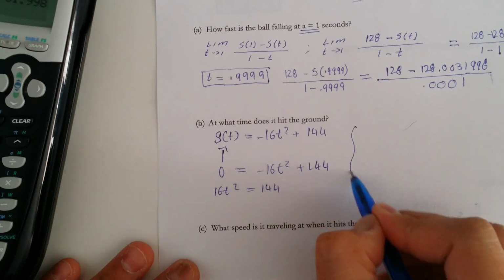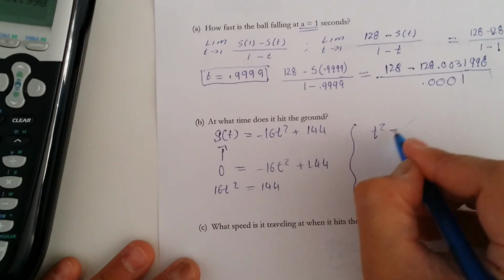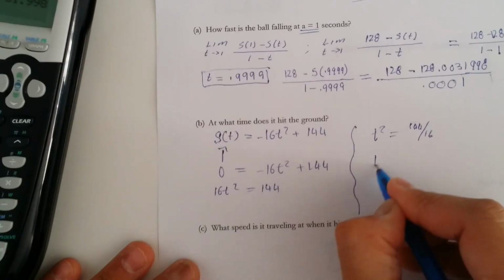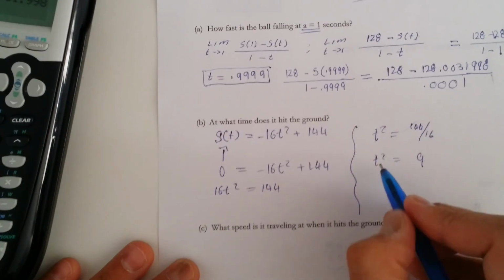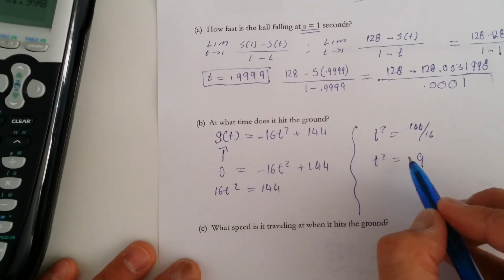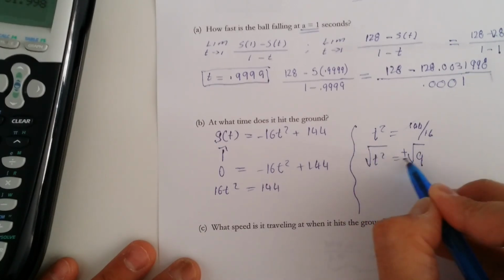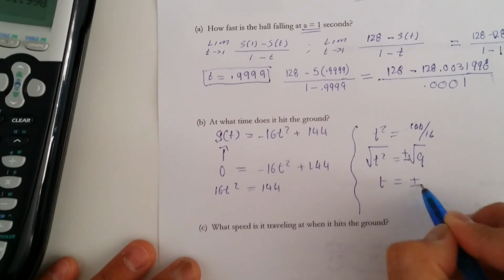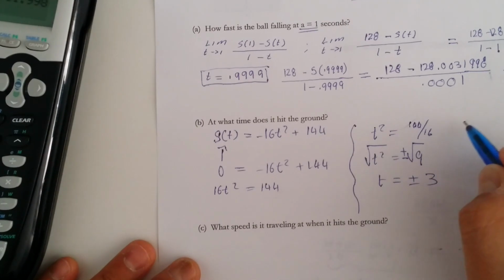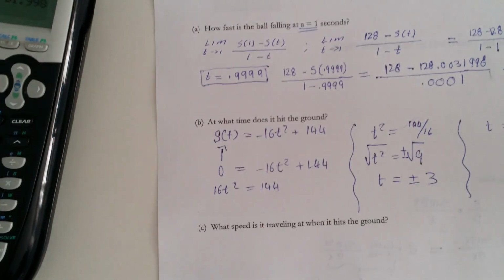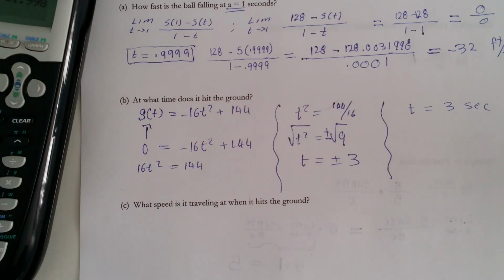Divide both sides by 16. That leaves you with 9. Then you ask yourself, what number squared gives you 9? Or you can take the square root of both sides. The two answers are 3 and negative 3. But remember, time can't be a negative number, so it's 3 seconds. That's when the ball is going to hit the ground after it is dropped.